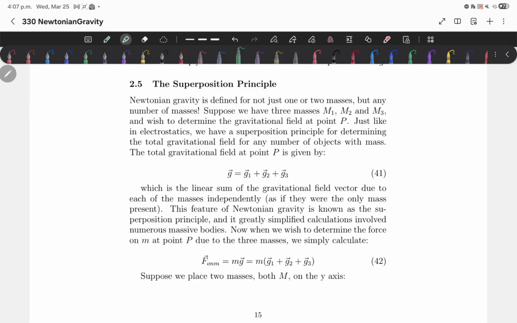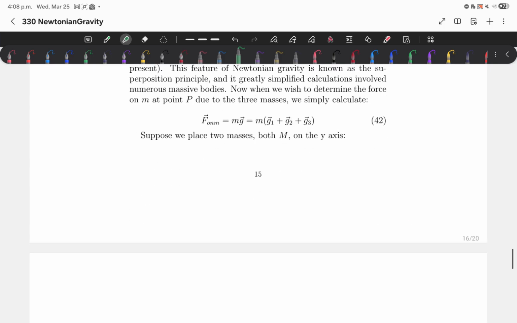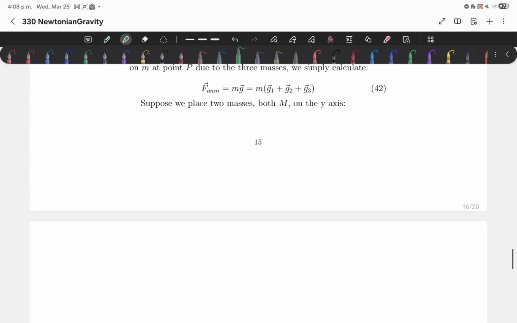So when you talk about multiple massive objects, what's the total gravitational field? You use the superposition principle the exact same way we did for electrostatics and magnetism. So you can just find all your g vectors independently and sum them all up. This greatly simplifies calculations, because let's say we have two masses on the y-axis here.